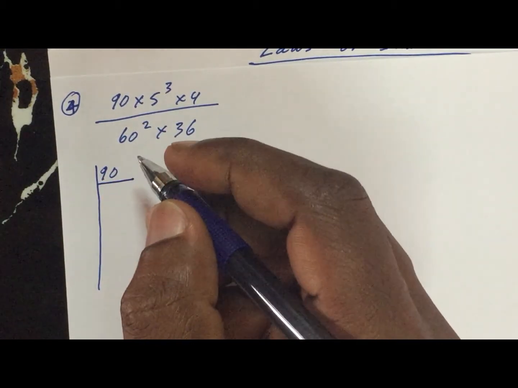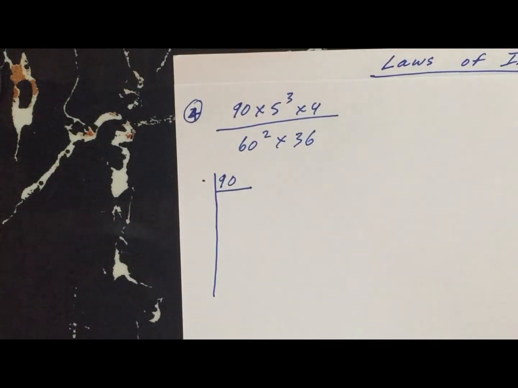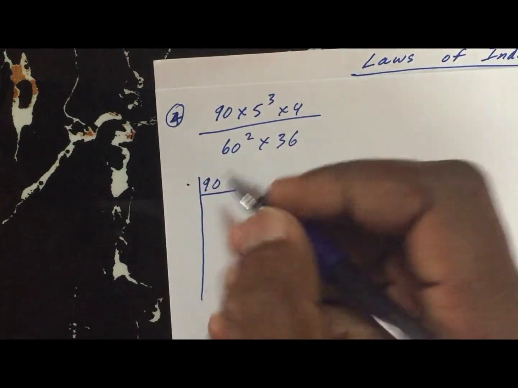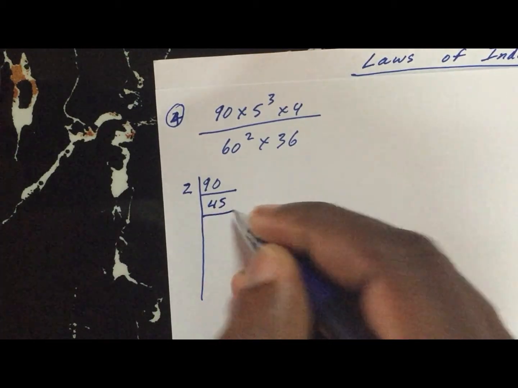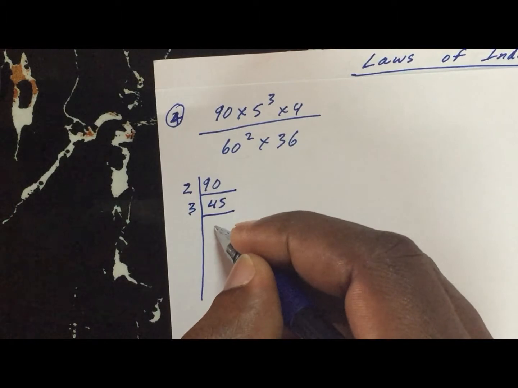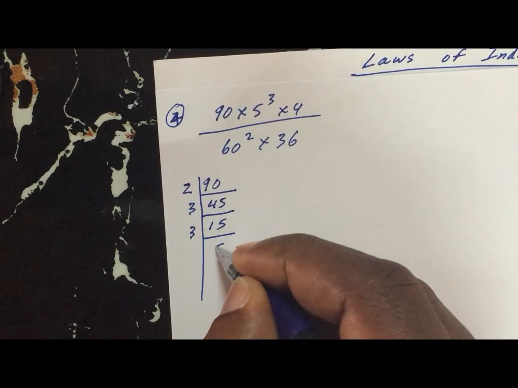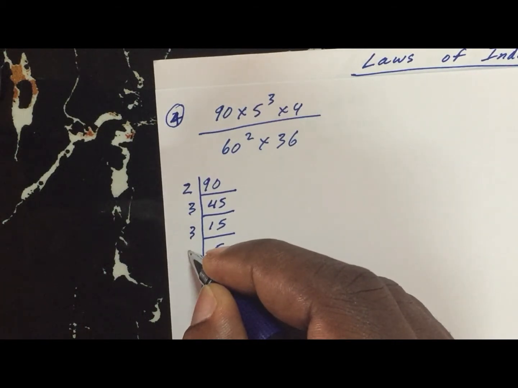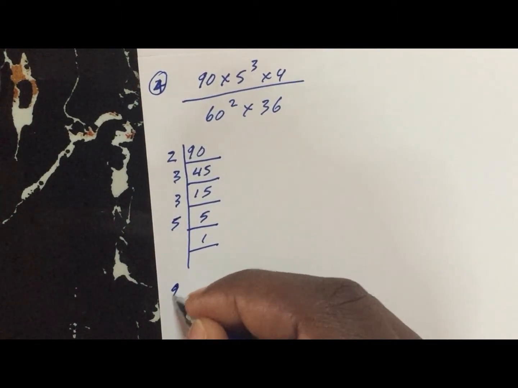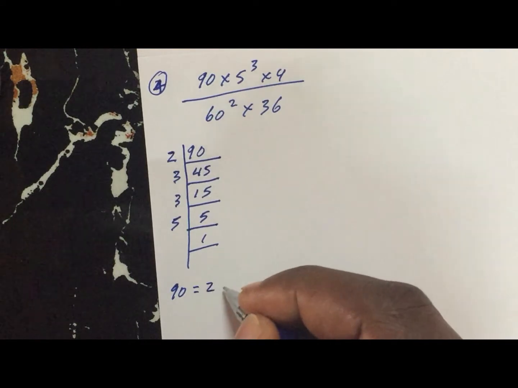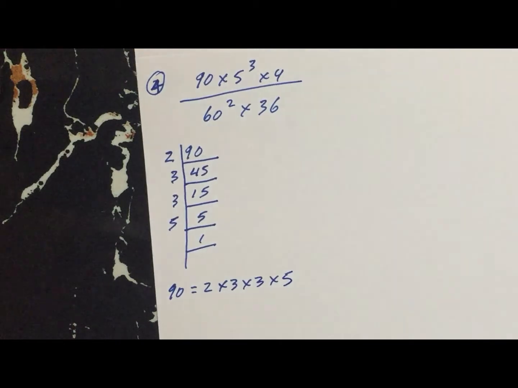So we have 90 divided by 2 gives us 45. 45 divided by 3 gives us 15. 15 divided by 3 gives us 5. 5 divided by 5 gives us 1. So that tells us that 90 is equal to 2 times 3 times 3 times 5.